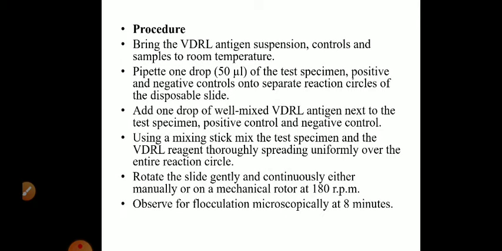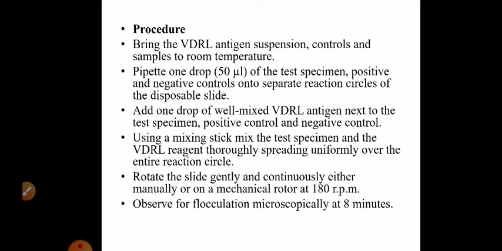We have to bring the VDRL antigen suspension and control samples to room temperature, and then 50 microliters or 1 drop of test specimen is taken in the first circle of the reaction card or slide. In the second circle, we take positive control serum, and in the third, negative control serum. Then we add 1 drop or 50 microliters of cardiolipin antigen to each of the samples, that is the patient sample, the positive control and the negative control.